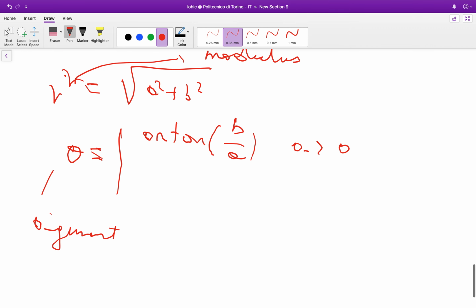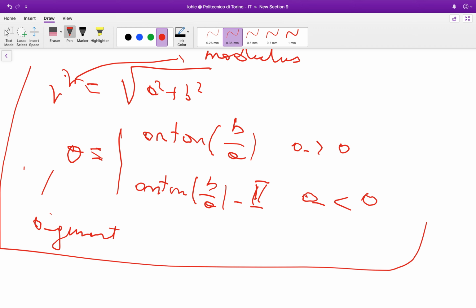Let me think a bit. It will be the arctangent of b over a minus pi, if a is smaller than 0. These are the formulas that you use to compute r and theta. Is that clear?